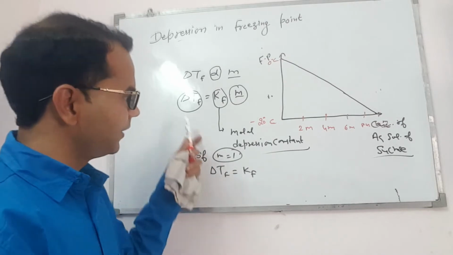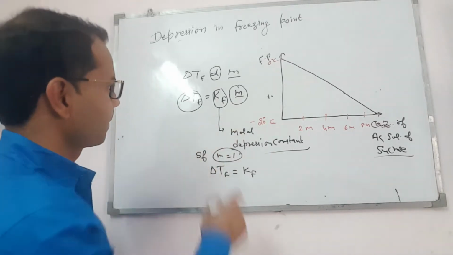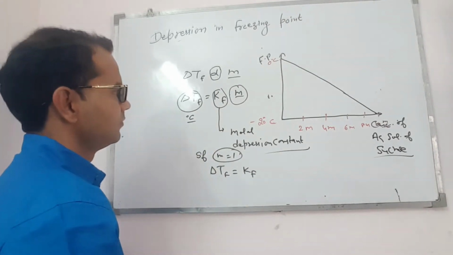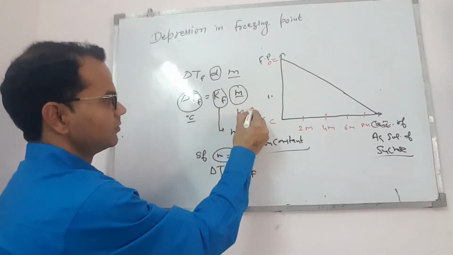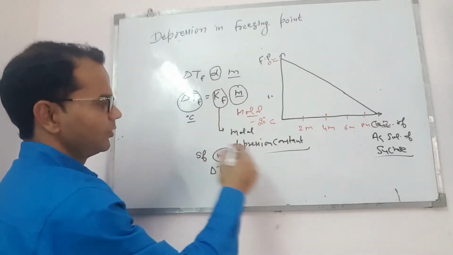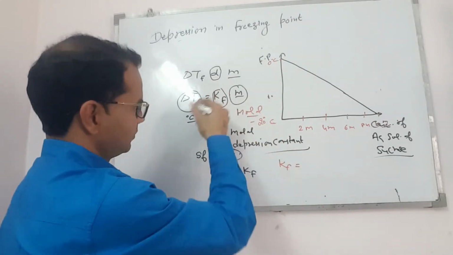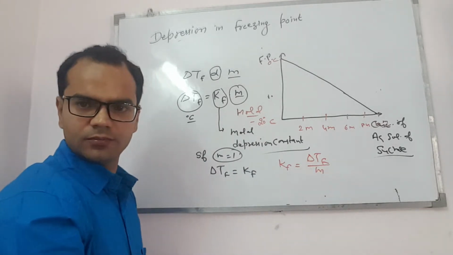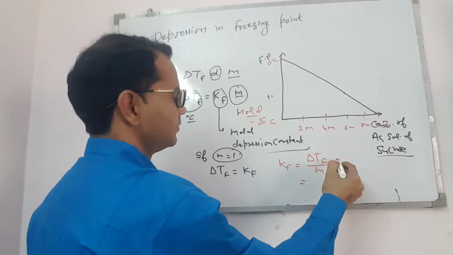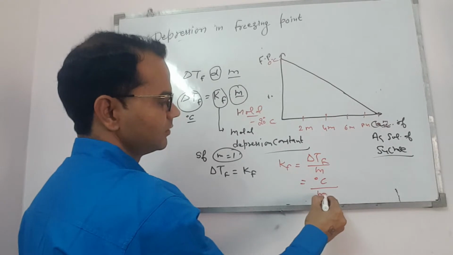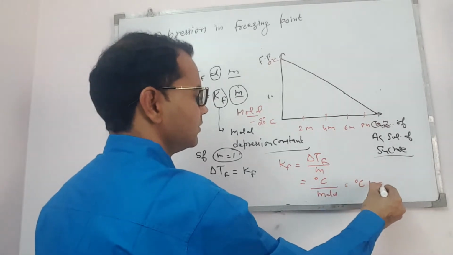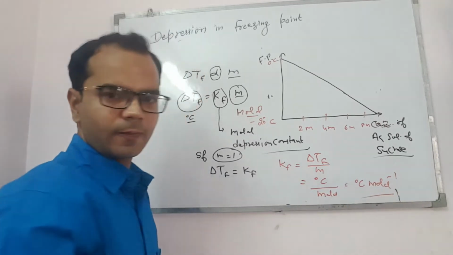Easy. We can find out its units also. Delta TF is in degree Celsius, molality is in molal. So the unit of Kf will be delta TF by molal, degree Celsius by molal, or degree Celsius molal inverse.